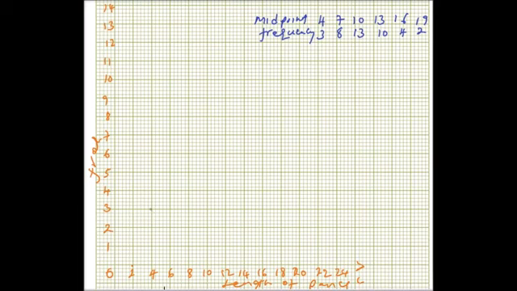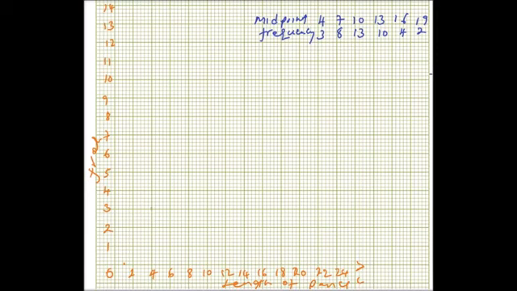The second class, the midpoint was 7 and the frequency was 8. So we have our 7. Let's correct that. The midpoint of the first one must have been 1 because the class is from 0, 1 and 2. Then the other one, the midpoint was 4 and the frequency was 3.